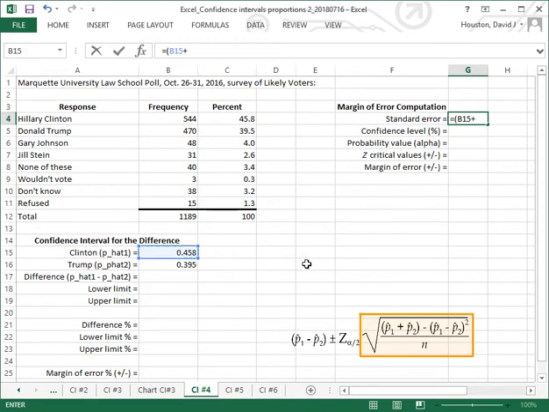Add to that the proportion that indicates support for Trump from the sample, or p hat 2. Close that in parentheses. Subtract that from p hat 1.